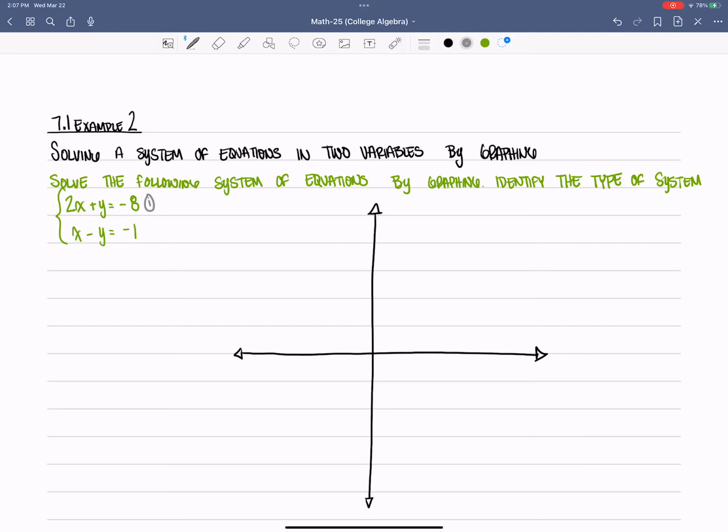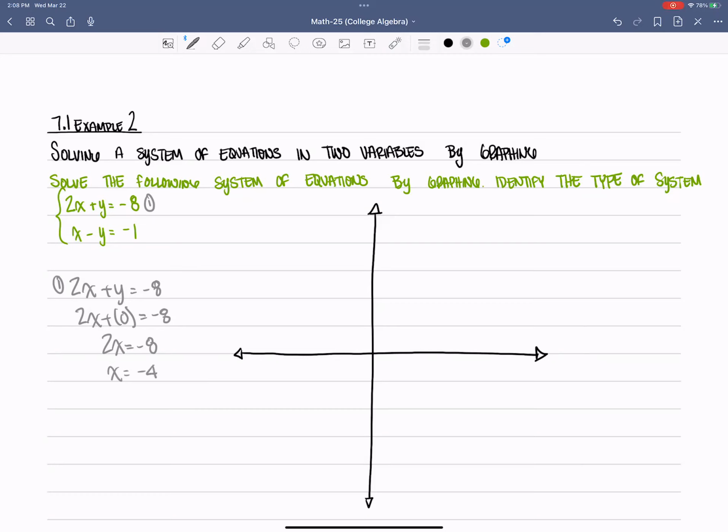Let's find our x-intercept first. So 2x plus y equals -8. For our x-intercept, we're setting y equal to 0. So 2x plus 0 is equal to -8. 2x equals -8. Divide both sides by 2. We have x is equal to -4.